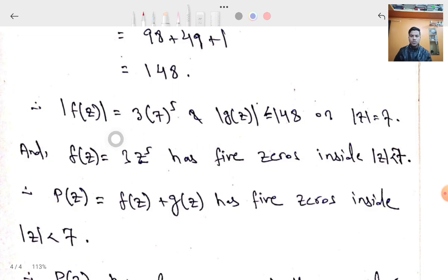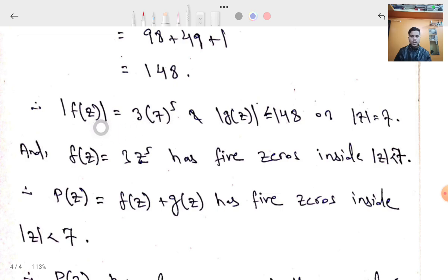Therefore, what we get, |g(z)| is less than |f(z)| on |z| = 7. I have written here |g(z)| less than or equal to 148 on |z| = 7, and |f(z)| = 3 into 7^5.